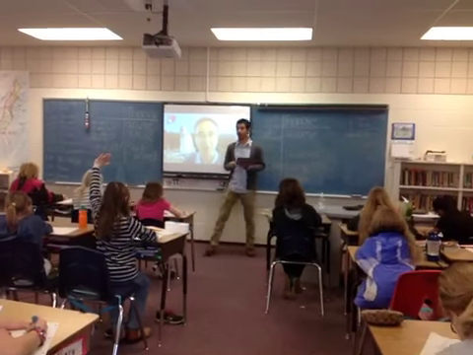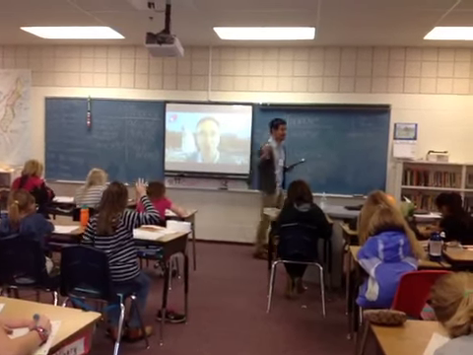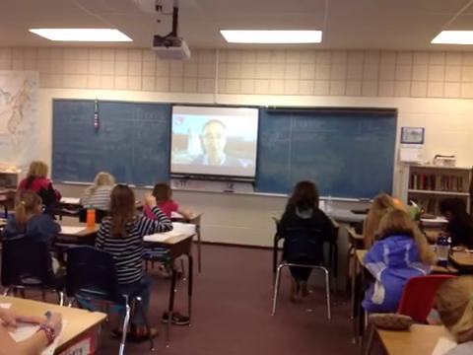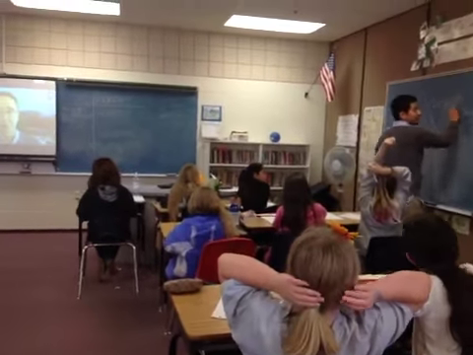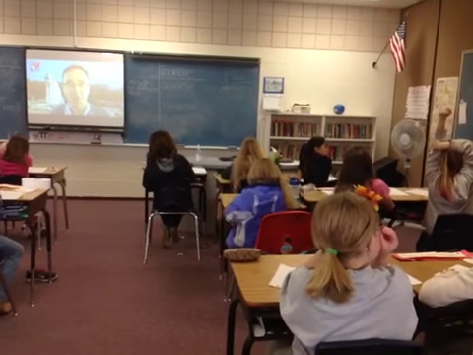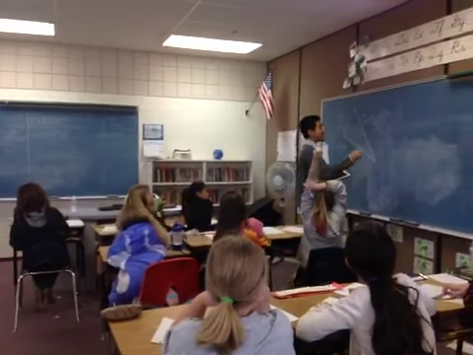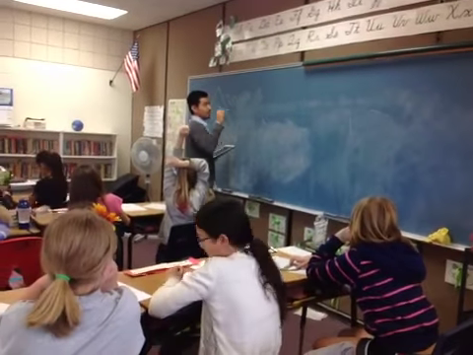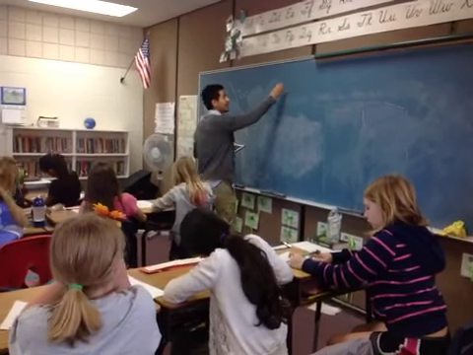A triangle with 2 equal sides and 2 equal angles. Yeah, 2 equal sides. So an isosceles triangle has 2 equal sides and 2 equal angles.